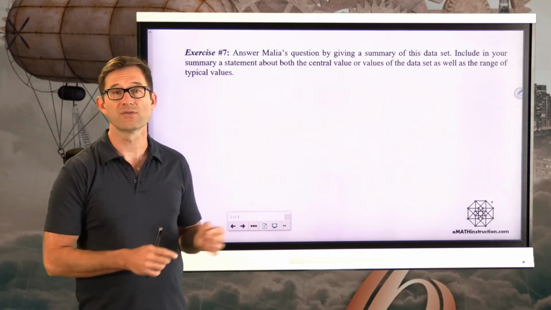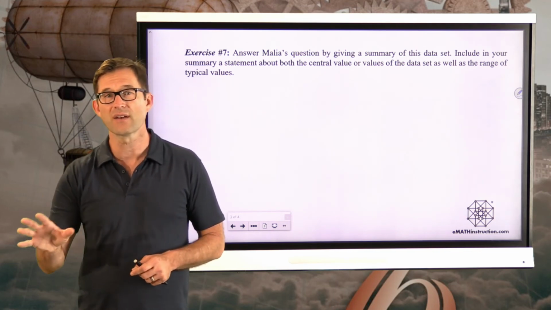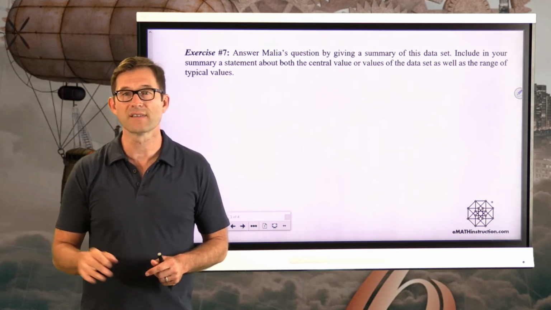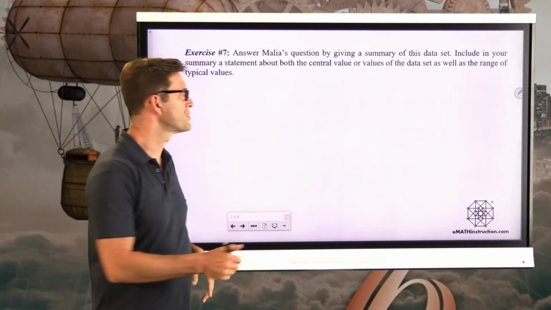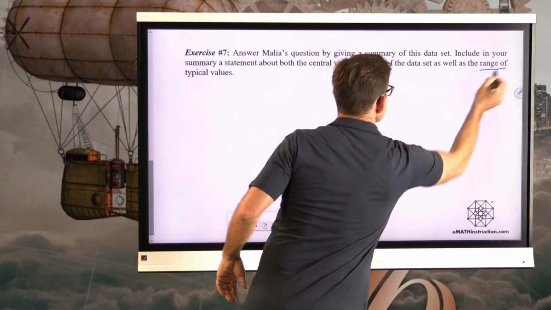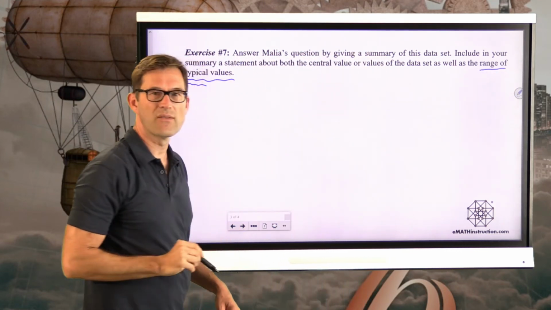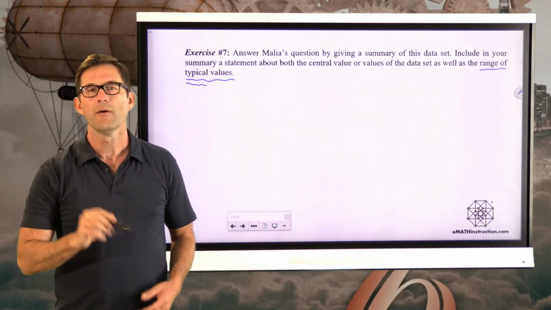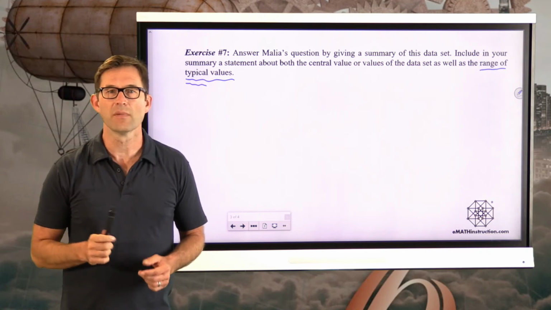Now is where you would answer it with full sentences, and those full sentences would include measures of center, measures of variation, etc. And notice here they talk about the range of typical values, right? Especially typical. That should give you a little hint what we're looking for there. Pause the video now and try to write down a summary that answers Malia's question.